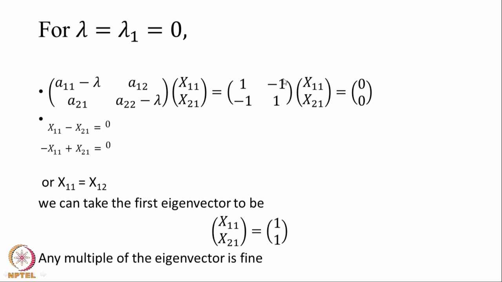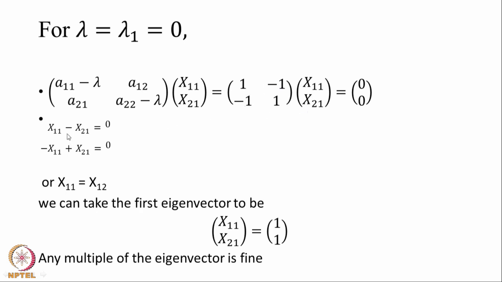First row multiplied by the first column: 1 into x11, then minus 1 into x21, so x11 minus x21 is 0, because this particular row into this particular column is 0. This is my first equation. What is my second equation? Minus 1 into x11 plus 1 into x21, that is minus x11 plus x21 is equal to 0.